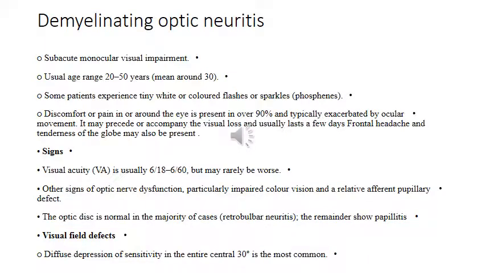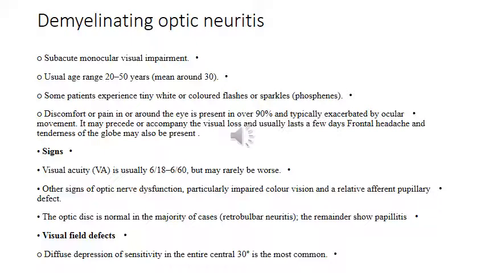In demyelinating optic neuritis, we have certain symptoms and signs and expected visual field defects. As a symptom, the patient usually complains of unilateral subacute vision impairment, but the vision impairment is not very severe.